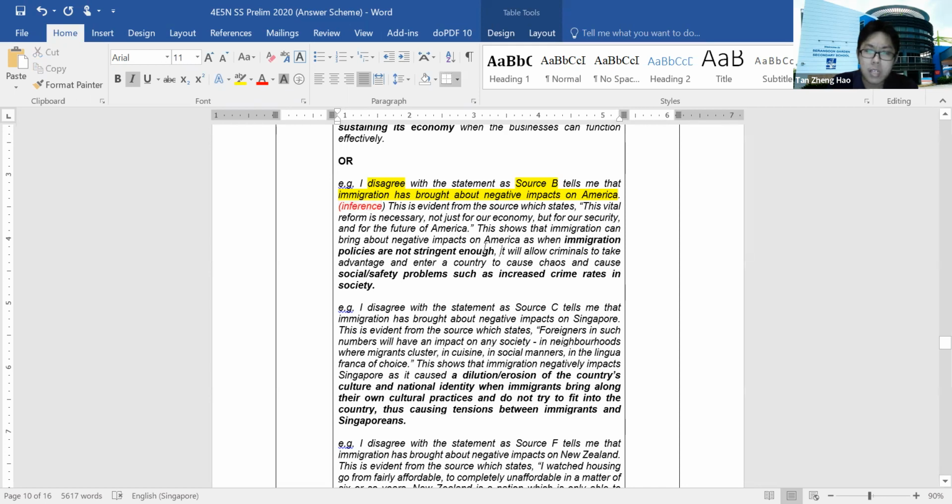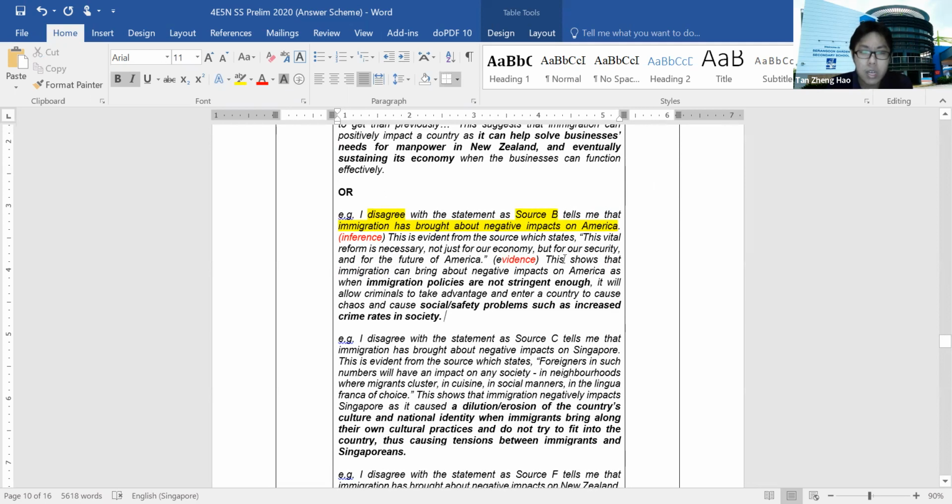So my inference, and I must support my inference with evidence, right? So I quote a line or two from the source which tells me how it is a negative impact. In this case, I say this vital reform is necessary not just for the economy but for the security and future of America. How does this tell me immigration is not beneficial? This shows that immigration can bring about a negative impact.